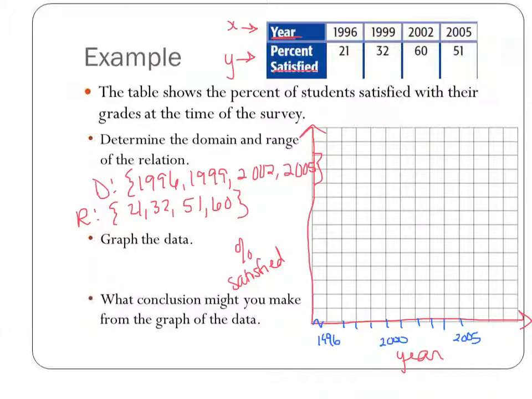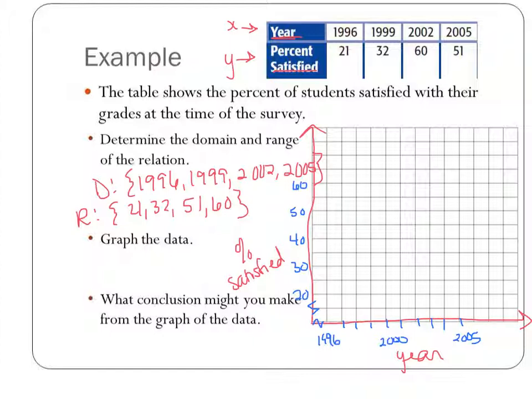Okay. Percent satisfied, we might again do a break and maybe start with 20 and do 25, 30, 35, 40, 45, 50, 55, 60. You want to make sure to always spread your graphs out as much as possible. Don't make them really condensed.